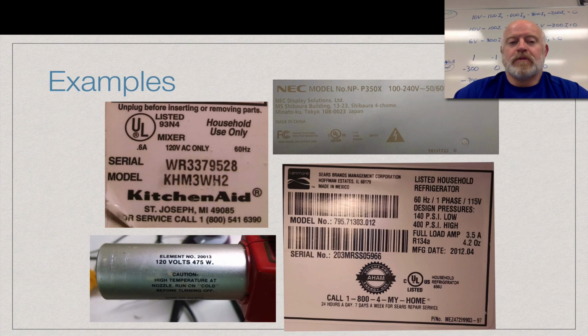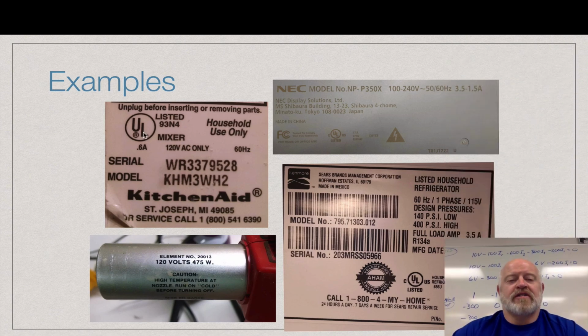All right, guys. Here's just a couple examples of different things. So here we have 120 volts. That's a 475 watt motor on this. You see the listing here. We have our frequency here. We have AC current on this one. Over here we have 100 to 240 volts. It can run 50 or 60 hertz, 3.5 to 1.5 amps.